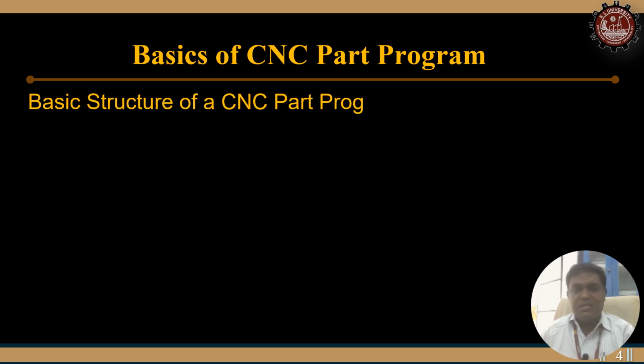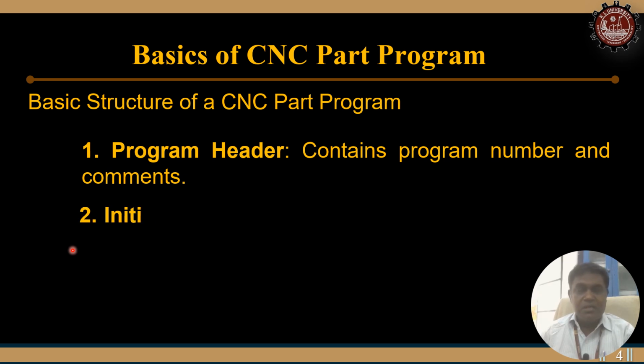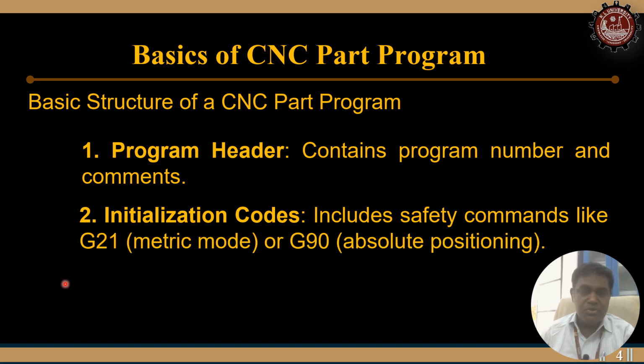Basic structure of a CNC part program. First is the program header. It contains the program number and comments. Second is the initialization codes, which include safety commands like G21 metric mode and G90 absolute positioning. You have to inform the controller whether you are going for absolute mode or relative mode.